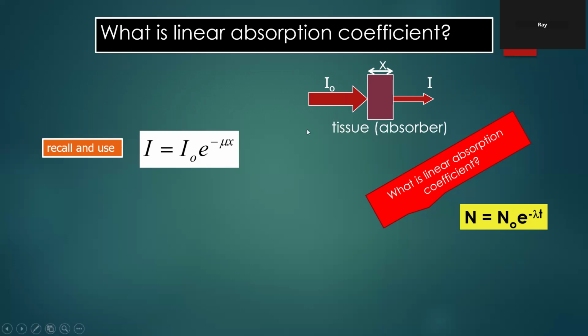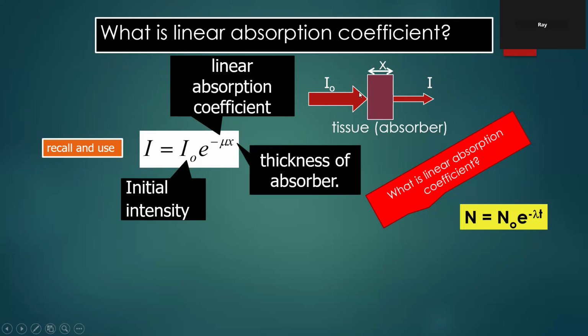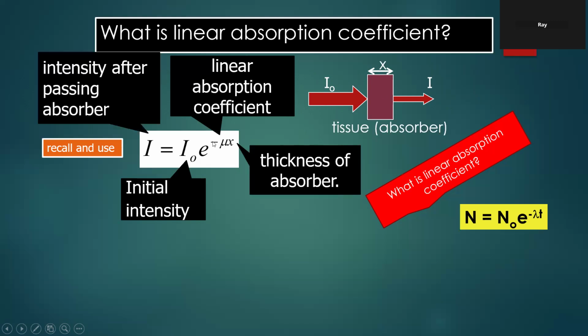I naught is the initial intensity before it goes into the tissue or absorber. Mu is the linear absorption coefficient. X is the thickness of the tissue or absorber. And I is the intensity after passing through the absorber.